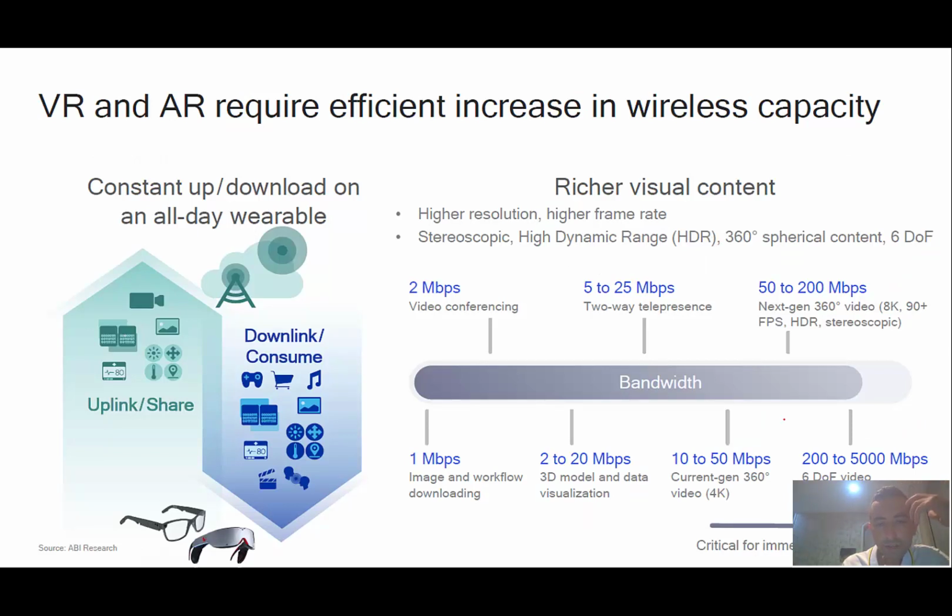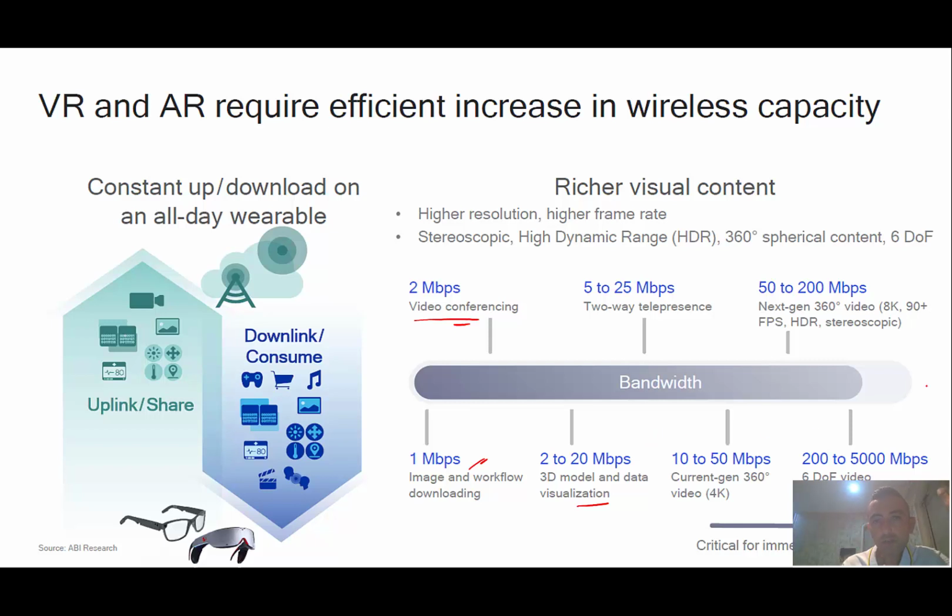According to frequencies, we have many applications. For example, with 1 meg, just images and workflow downloading; when 2 meg, video conferencing was introduced; for 2 to 20 megabit, 3D models and data visualization, and so on.